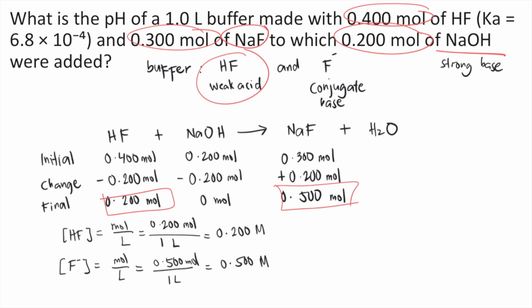And there's one formula we use to solve the pH of a buffer. That's the Henderson-Hasselbalch equation. So if you can recall, the formula is pH is equal to pKa plus log of the concentration of the conjugate base, which is F minus, divided by the concentration of the weak acid, which is HF.